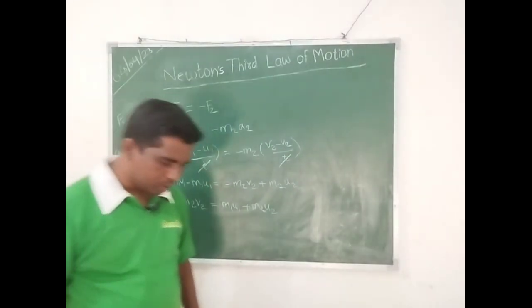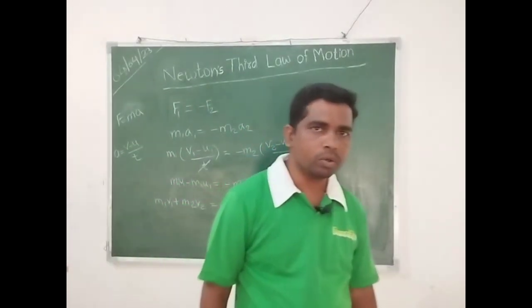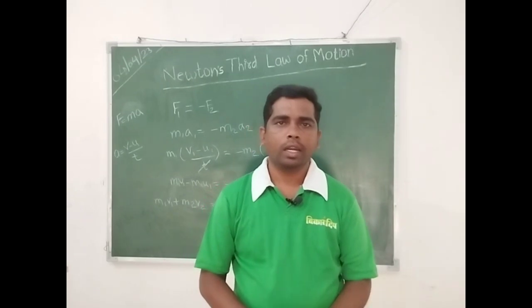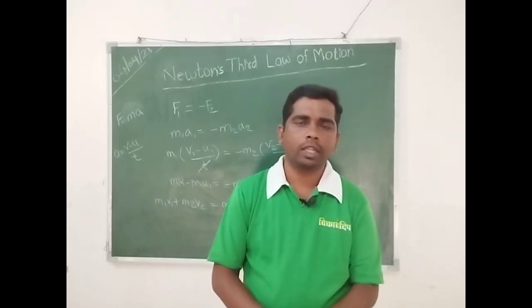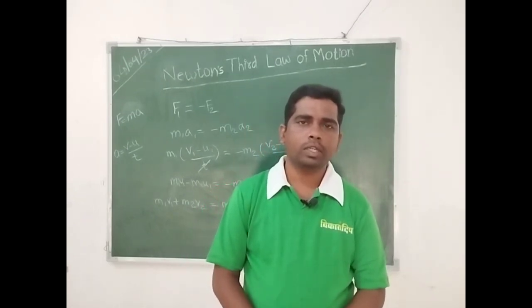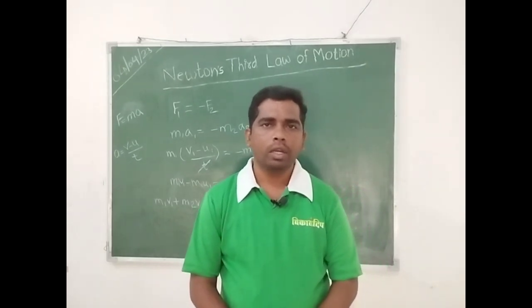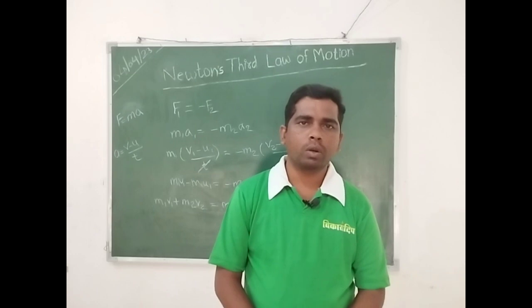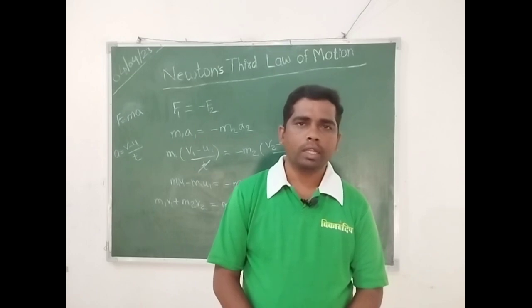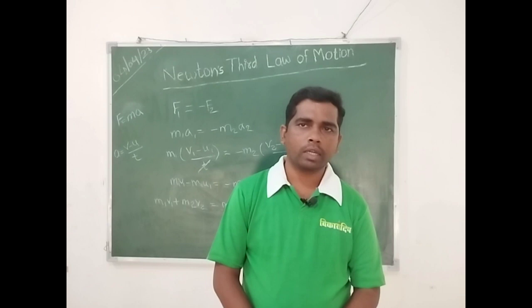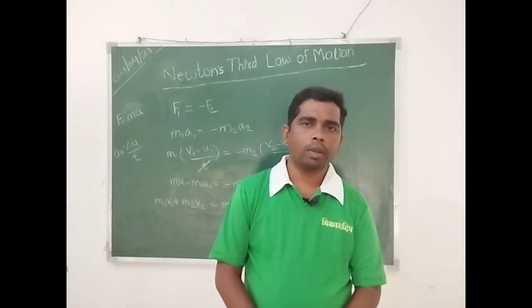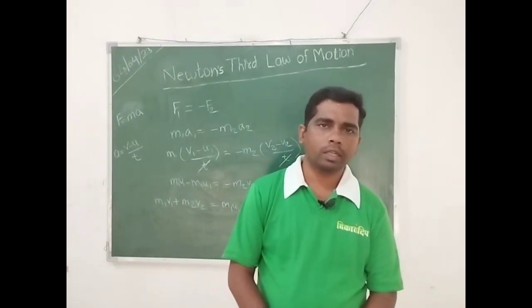Now I am having one question for you students. In the first lecture we have seen that when two forces are opposite in direction and have equal magnitude, the object does not move to any side. But in Newton's third law of motion, we see that we are applying force on the body, and the body applies a reaction force to us, and we move from our place.